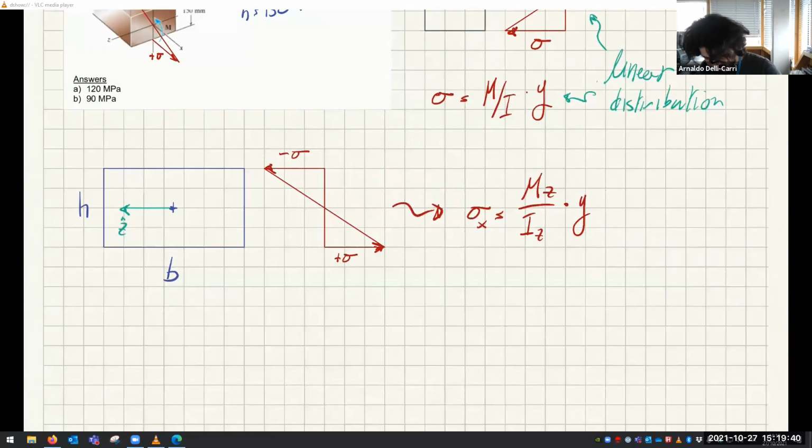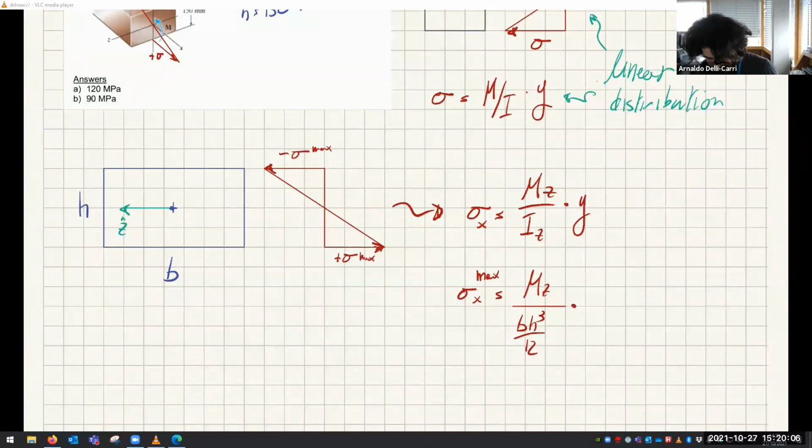And if I explicitate this, I get that sigma x is Mz divided by bh cubed divided by 12, times the largest stress, so sigma x max is this one. So let's call this minus sigma max and plus sigma max.